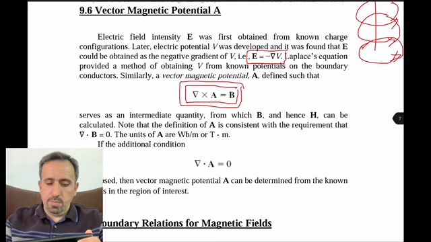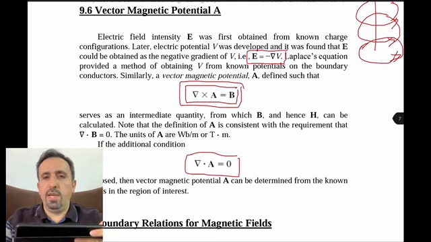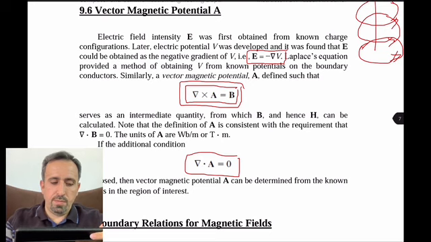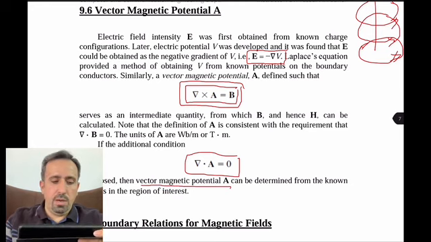And also an additional formula saying that del of A equal to 0. The vector magnetic potential A can be determined from the known currents in the region of interest.